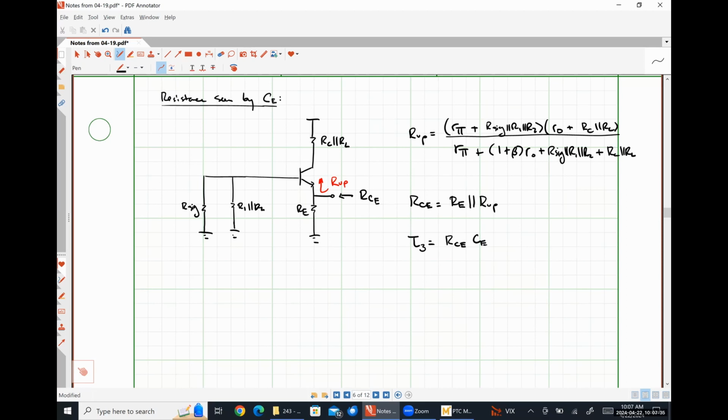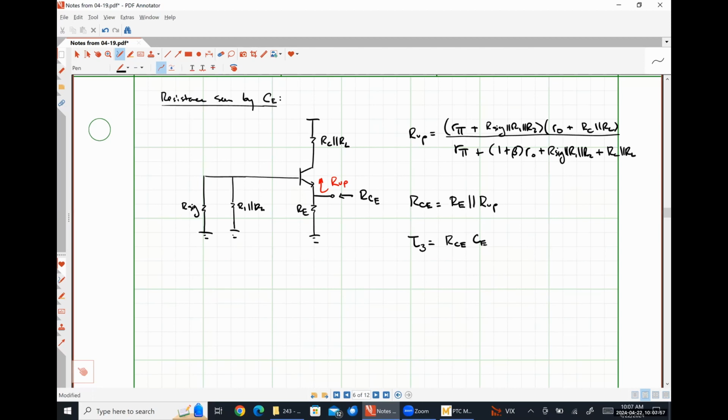Yeah. All right. So we've discussed our low frequency response by direct analysis with some important simplifications made just to make the math less horrifying, still horrifying, but less horrifying.